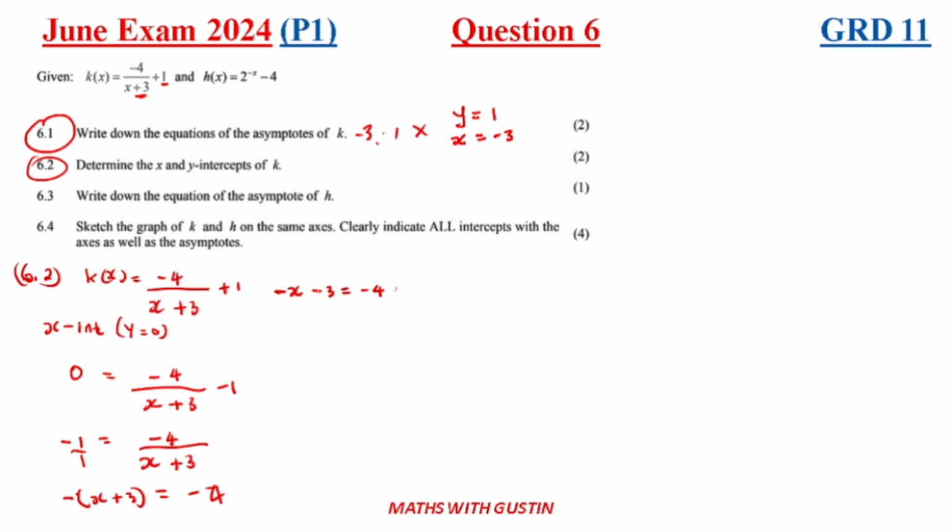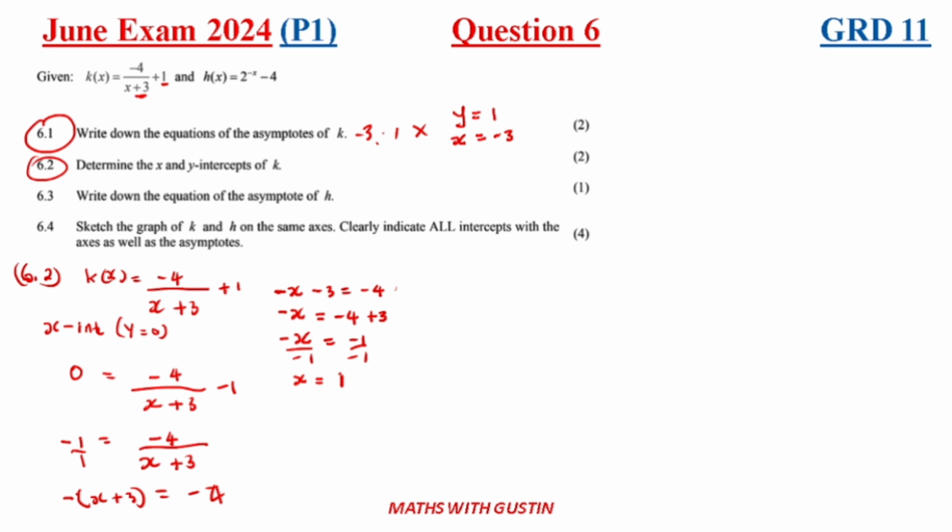Therefore take negative 3 that side. You're gonna have negative x is equals to negative 4 plus 3, which gives us negative x is equals to negative 1. Divide by negative 1 throughout. Therefore our x-intercept is going to be equals to 1. Right, so that will be our x-intercept right there.